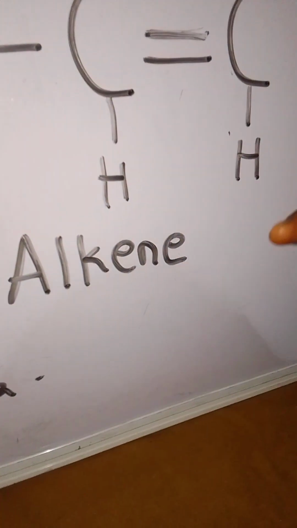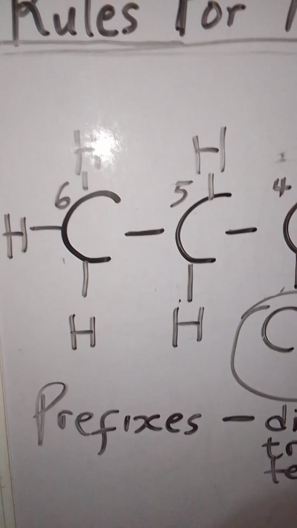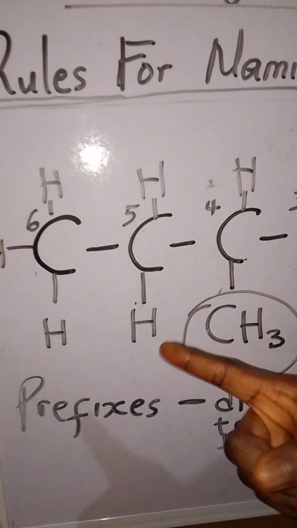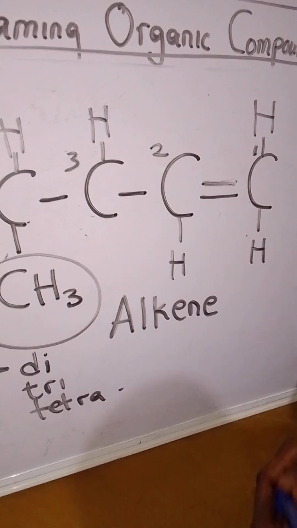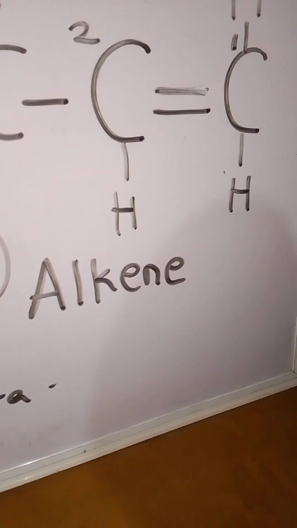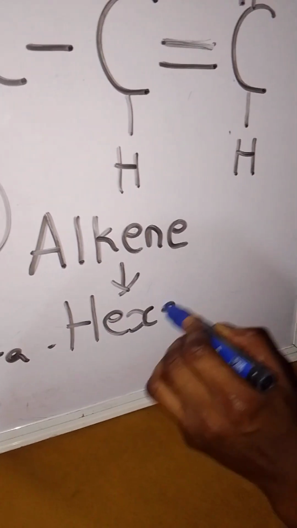Now, in the alkene family, what member contains 6 carbon atoms? That is hexene, right? Very good. So let me just bring this down and say hexene.